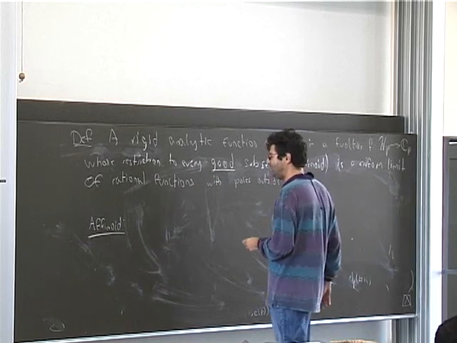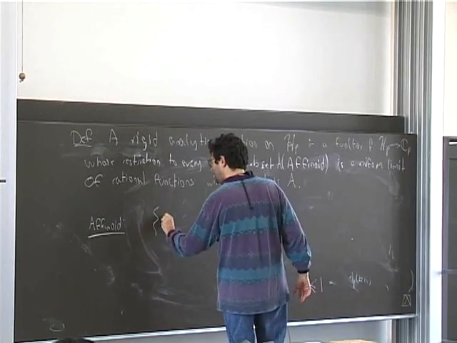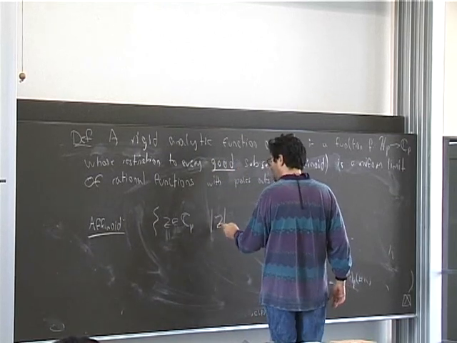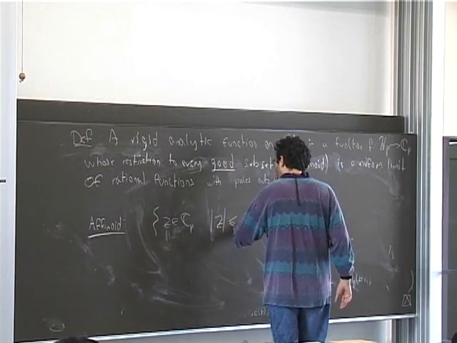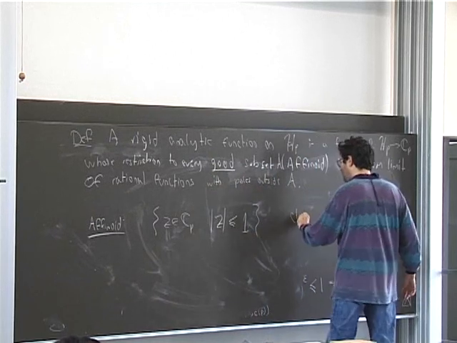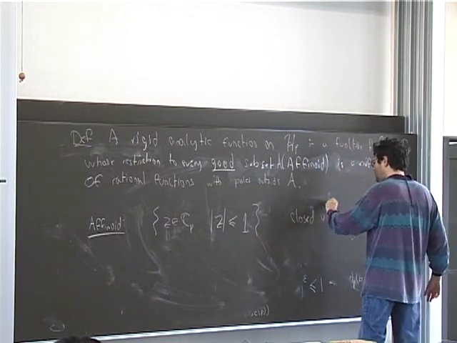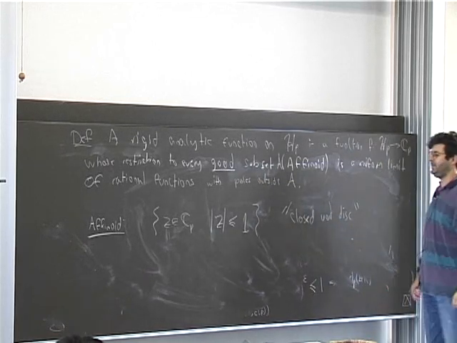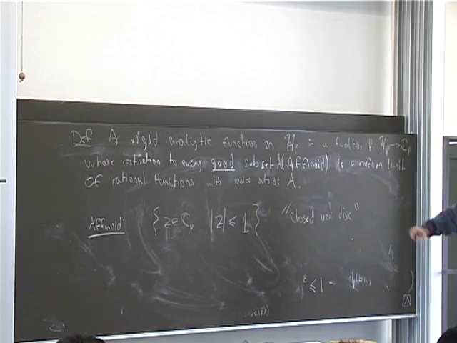So the prototypical affinoid is the set of z in C_p whose P-adic valuation is greater than or equal to 0, the analog of the closed unit disk in P^1(C_p). Okay, that's a typical example of an affinoid.